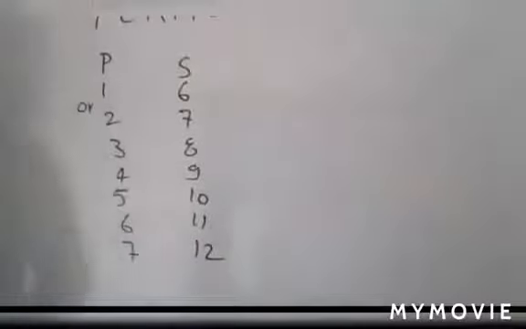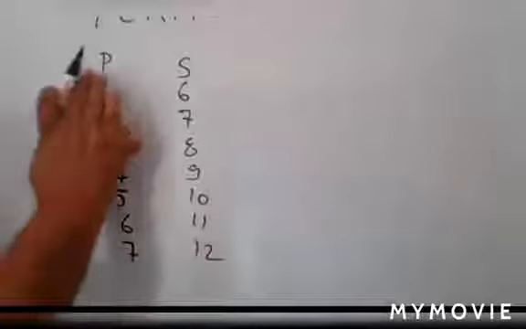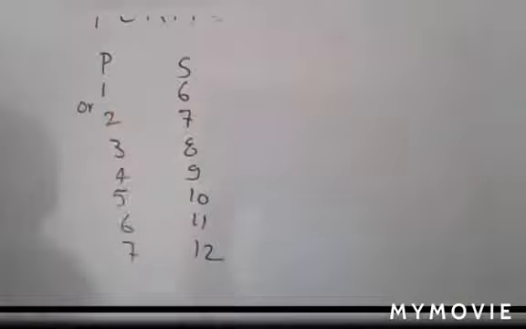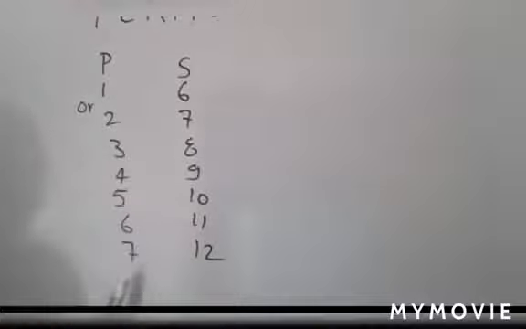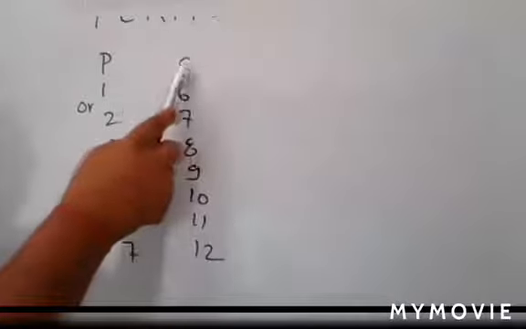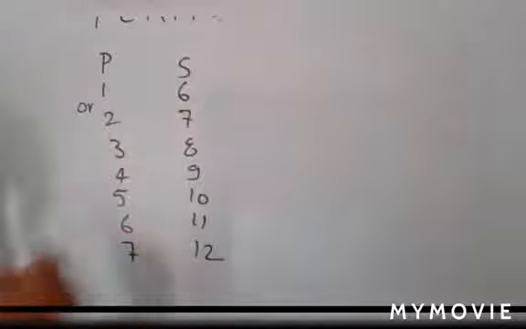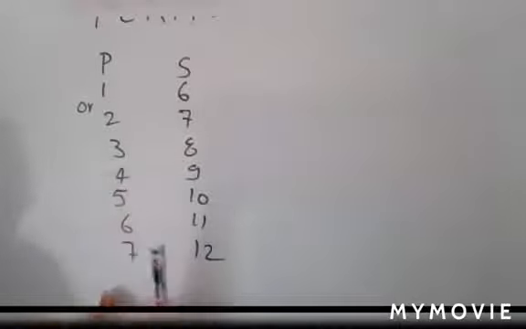So you see that up to the 7th position, P can be placed. If your first letter is P, that can be arranged in 7 ways. In the same way, if the first letter is S, that is also 7 ways. So total 7 into 2, that means 14 ways, P and S can be arranged.